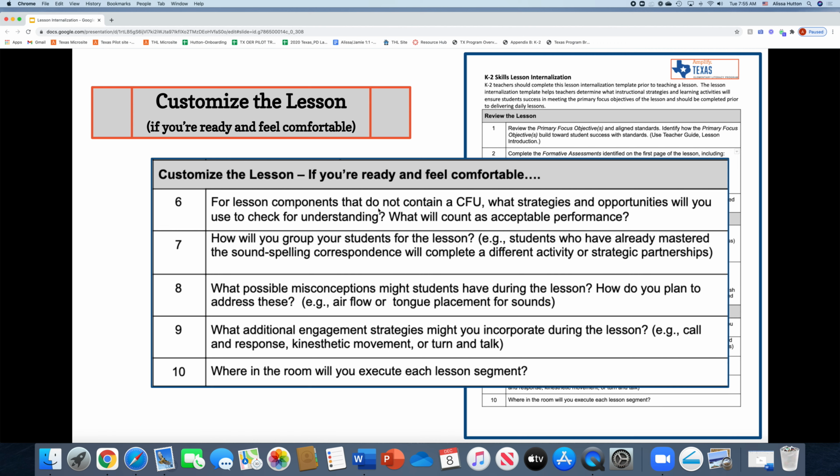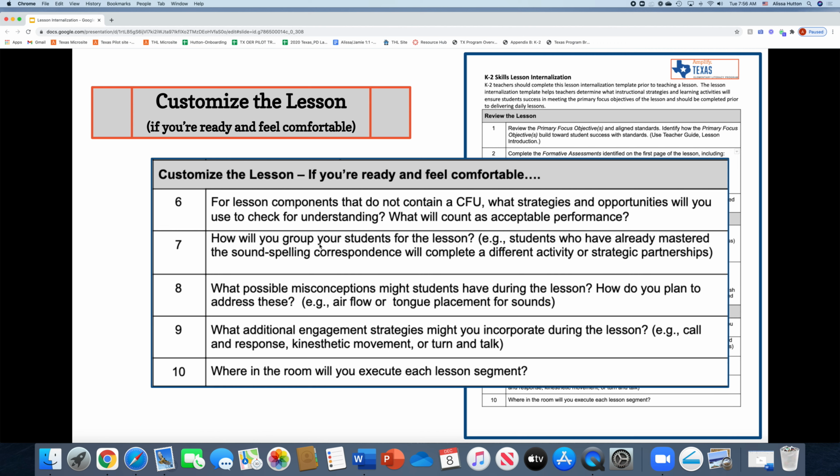So for example, if there is not a check for understanding included within the portion of the lesson, I'm going to pay attention to how am I going to make sure that I'm checking for my students' understanding and what am I looking for, what's acceptable for performance for that. So I might add an additional quick nonverbal thing where I can observe, or some other check for understanding so that I can make sure that particular component of the lesson has been addressed.